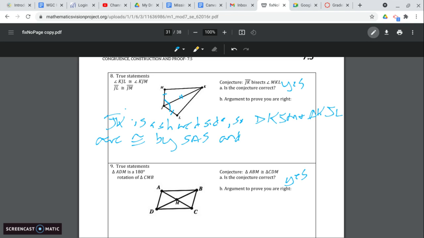And so we're saying JK bisects angle MKL. And so angle MKJ is congruent to angle LKJ since they are corresponding.